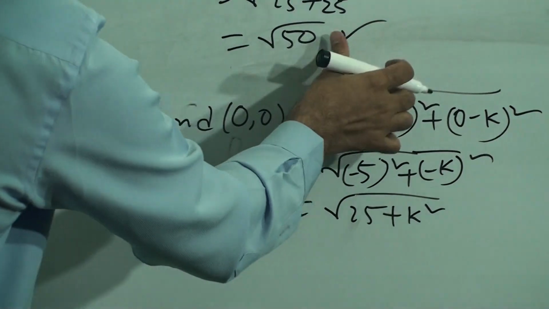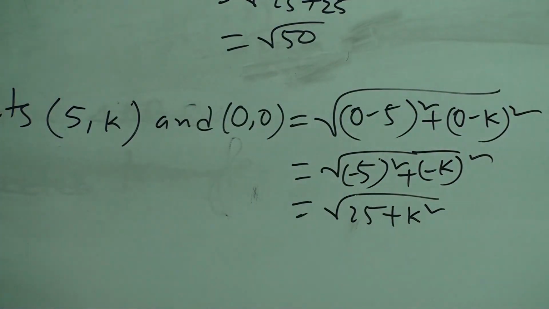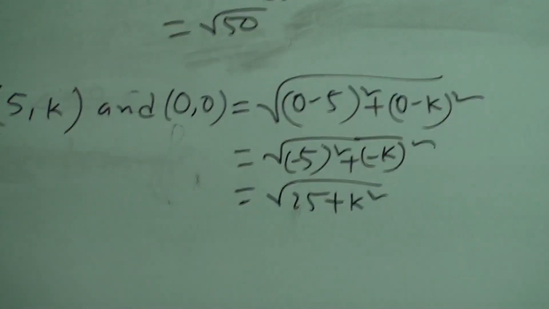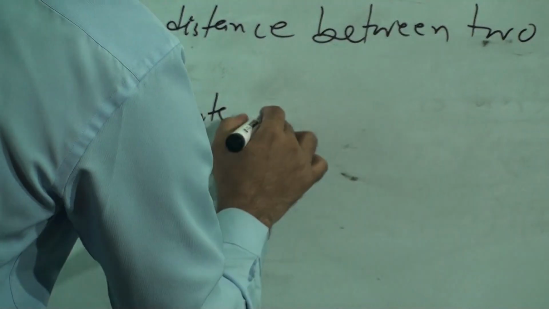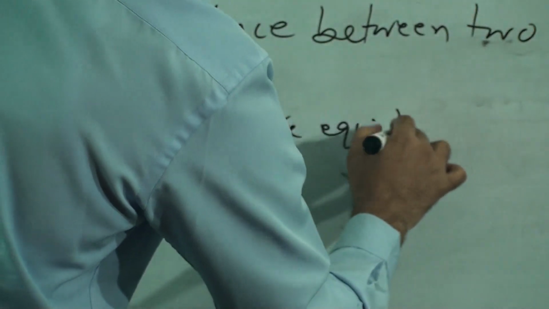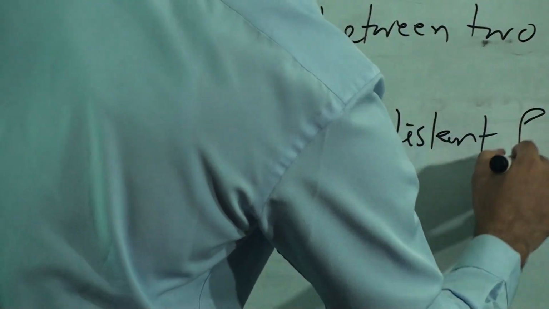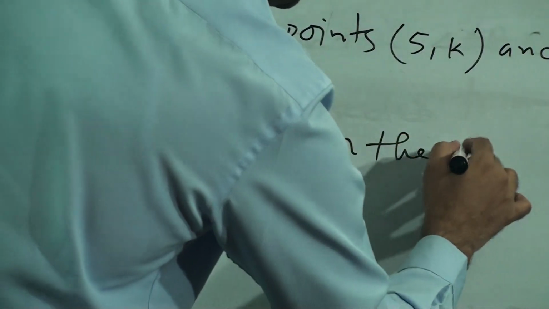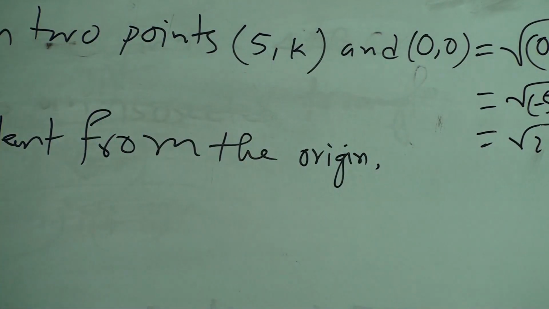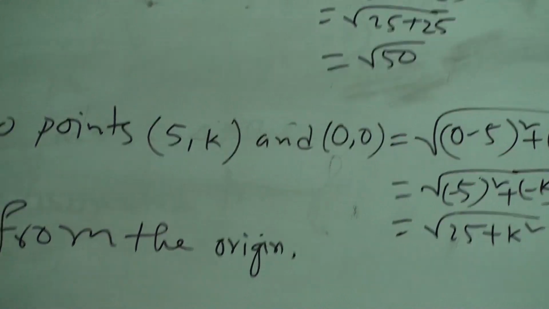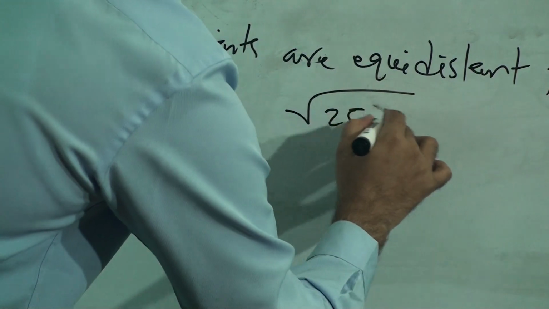So these two distances will be the same, as the points are equidistant from the origin, so their distances will be equal. It means that square root 25 plus k square is equal to square root 50.